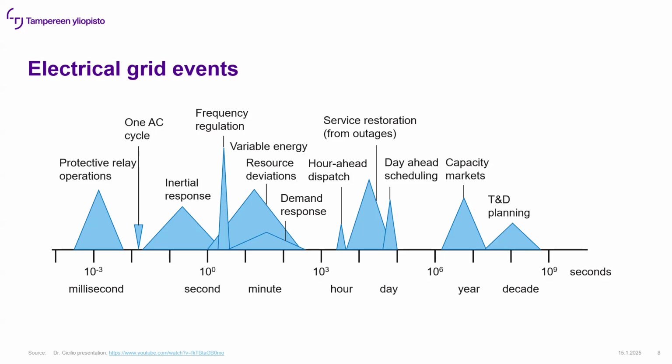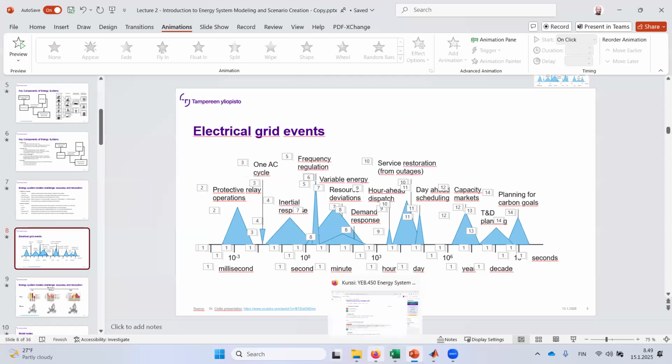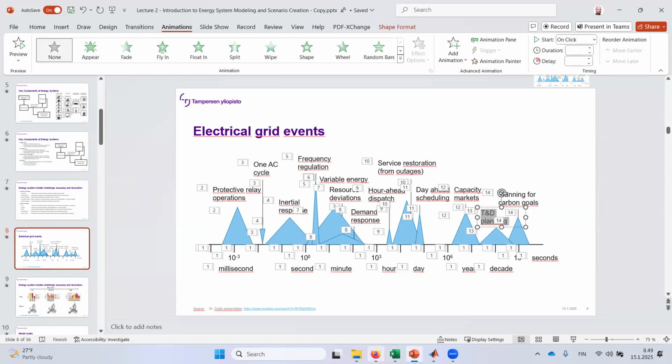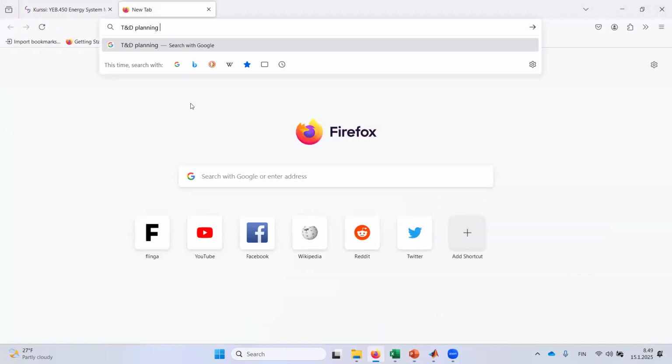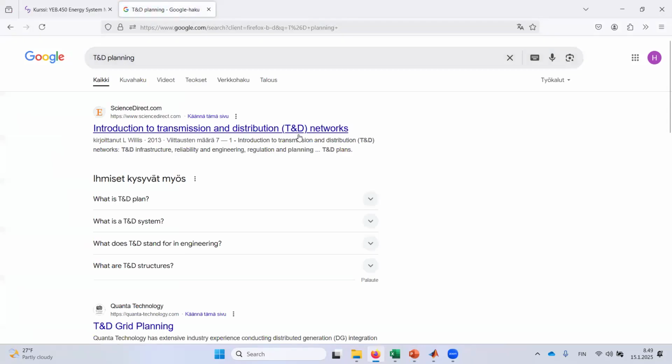TD planning, and now I checked what the abbreviation stands for: transmission and distribution.